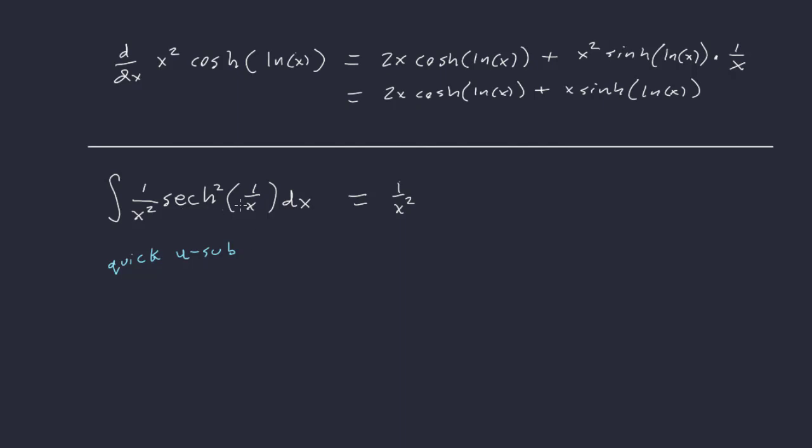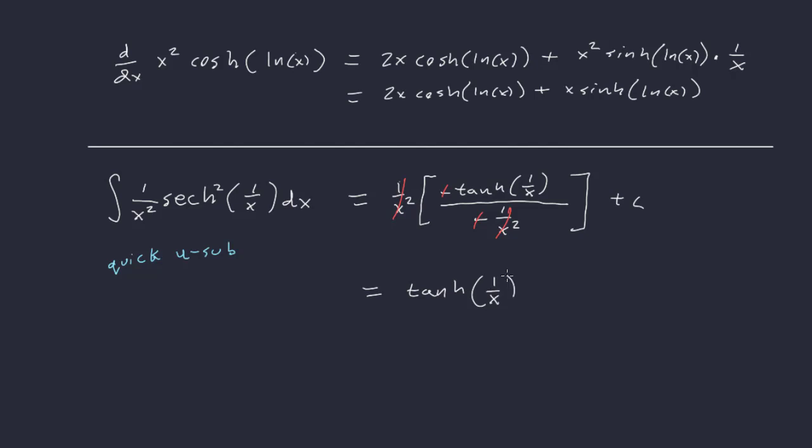The derivative of secant h squared is the negative tangent h. I'll leave the inside alone, but then divide by the derivative of the inside, and the derivative of 1 over x is negative 1 over x squared. And I'll have a plus c. Thankfully, these things cancel. My negatives cancel, so it comes out to just be tanh of 1 over x plus c.